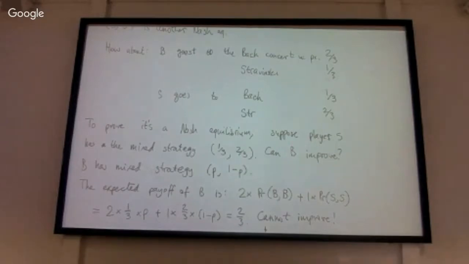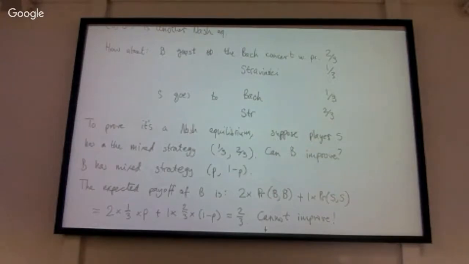In this case, there are only 2 players, so you look at the row player, and you assume that the other player is sticking to their probabilities and not changing them. In this situation, where the second player has these probabilities, the first player, B, cannot change their probabilities and get a better expected payoff.